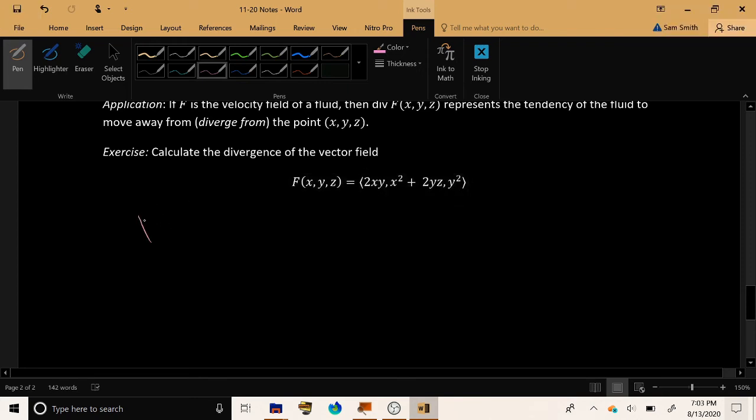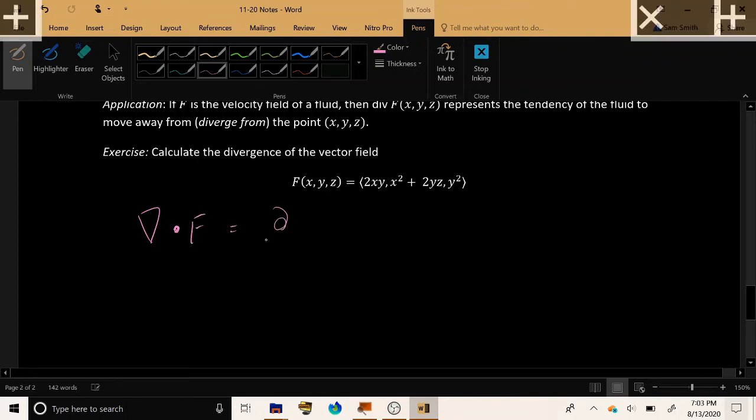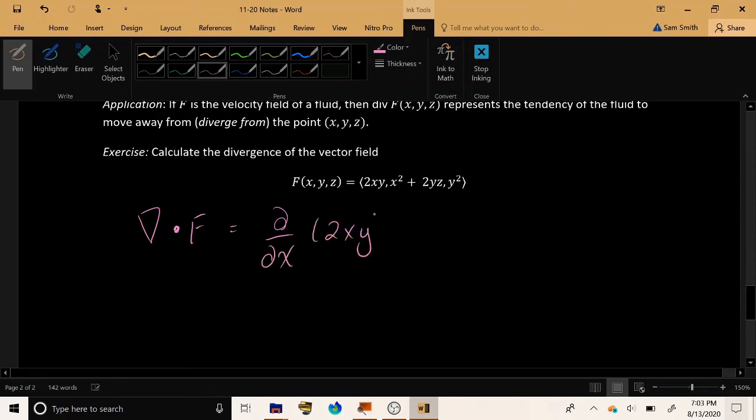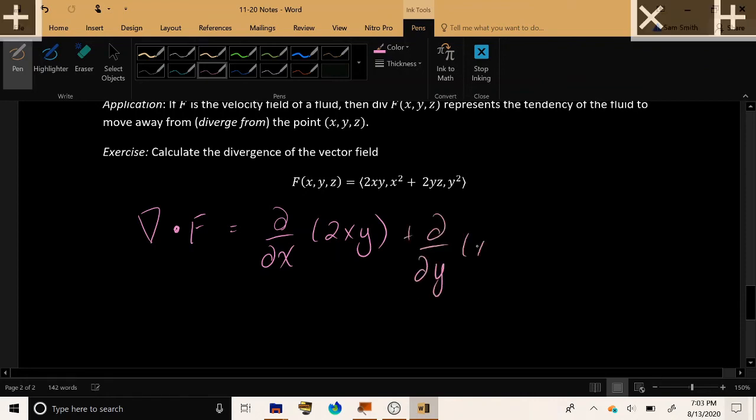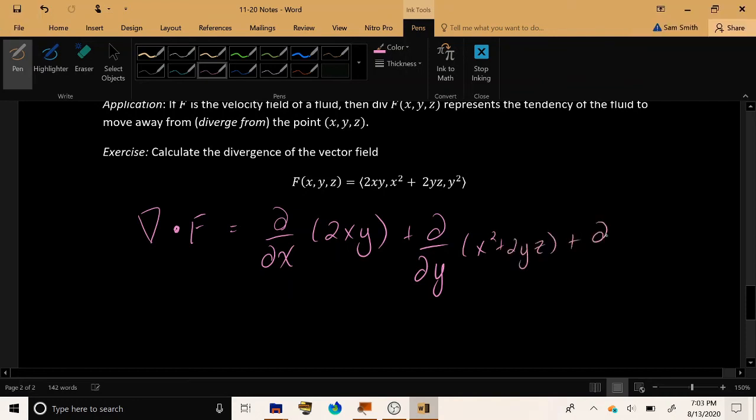So let's do nabla dot product F, and then let's take the partial derivative with respect to x of 2xy, the x component, and add that to the partial derivative with respect to y of the y component, and add that to the partial derivative with respect to z of the z component.